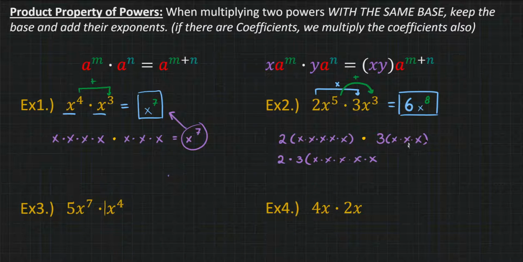That's the first 5. And then 1, 2, 3 more x's. And then I can simplify it. What's 2 times 3? Well, Mr. Grapp, that's 6. And what's this power written in condensed form? Well, that's x to the 1, 2, 3, 4, 5, 6, 7, 8th power. Uncoincidentally, the same thing we got up here.